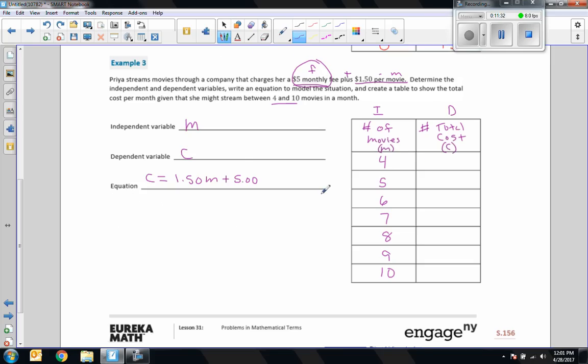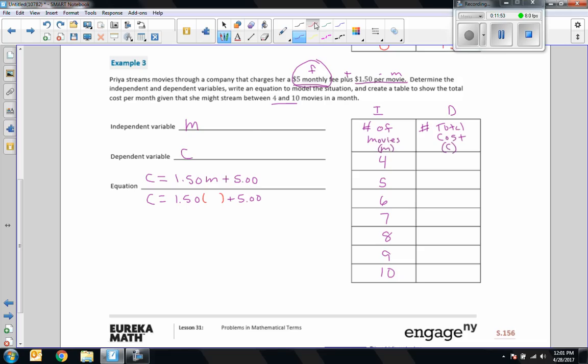Now we're going to start calculating values. In order to solve this for C, what we're trying to find is the C values. C equals $1.50 times M. Let me use a different color for M. I want to point out what we're substituting in, and plus $5.